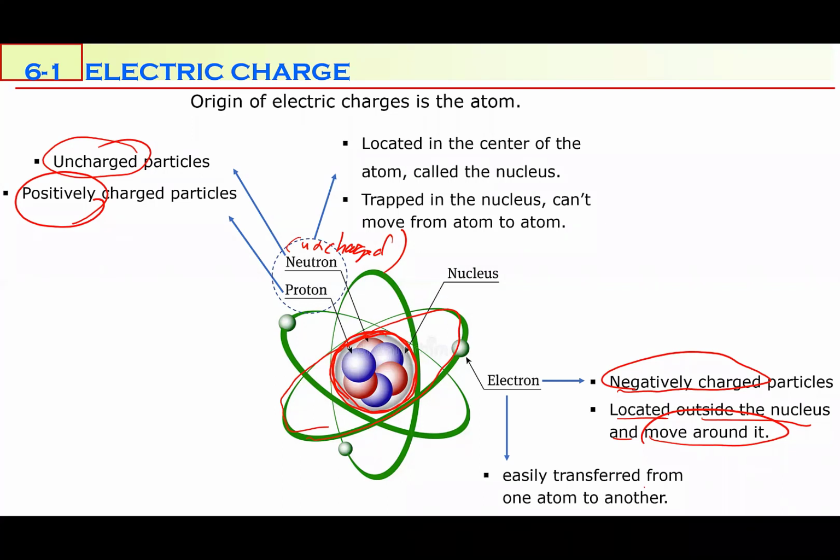But protons and neutrons are trapped inside the nucleus. It's impossible to take a proton from the nucleus without nuclear reactions. Maybe you heard about nuclear reactions. Normal chemical reactions cannot do that. So protons cannot move from one atom to another atom.